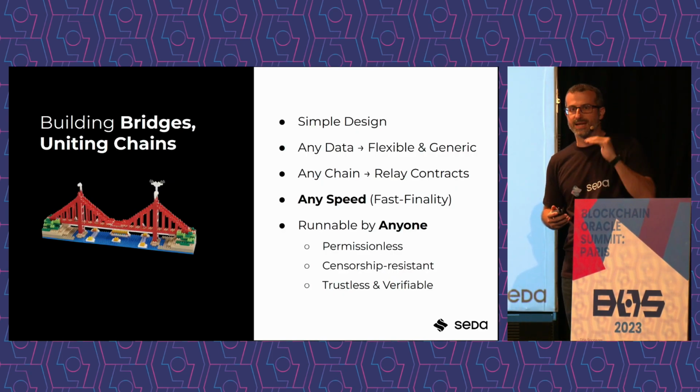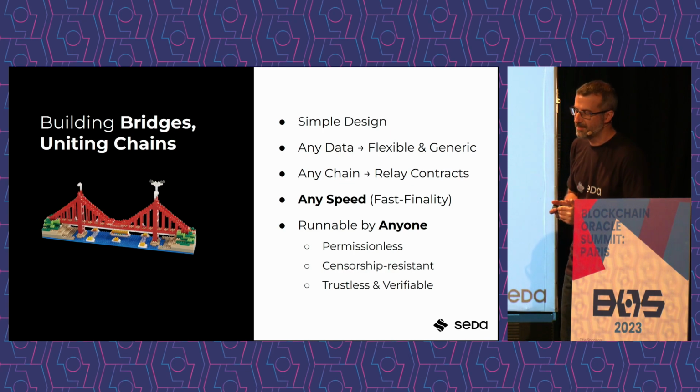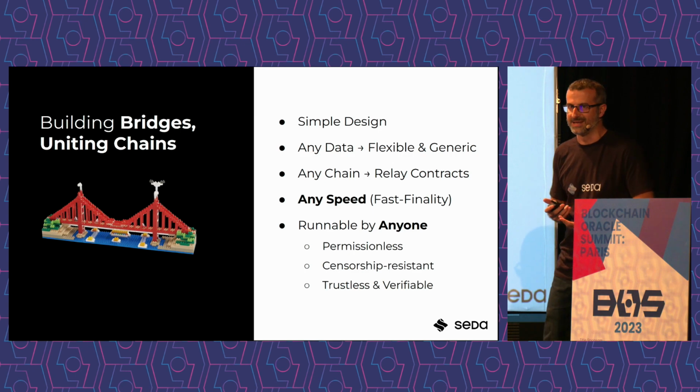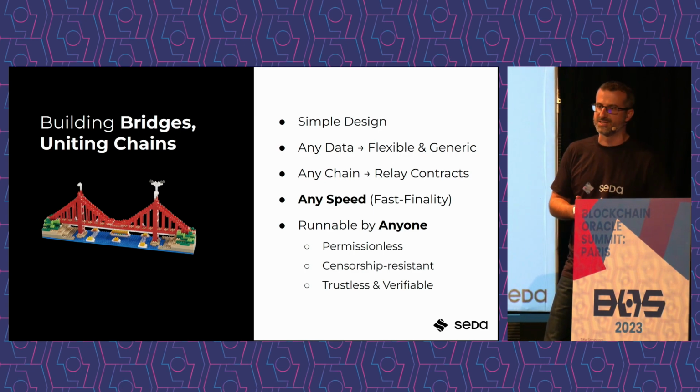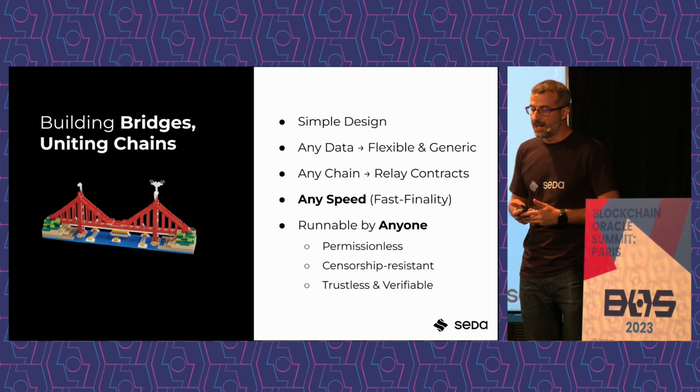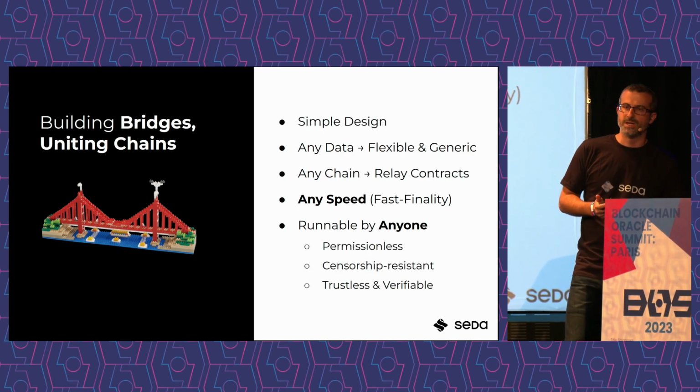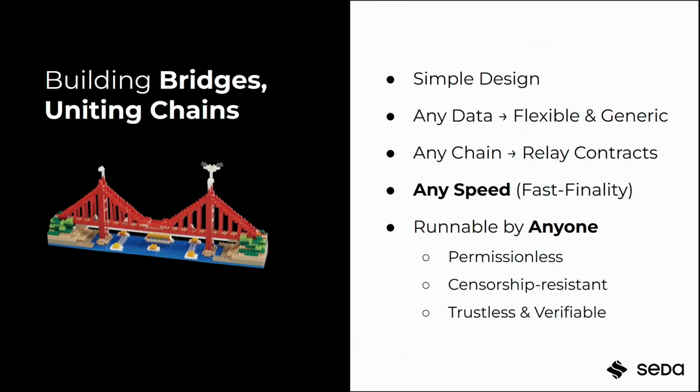Focusing more on the last building block, which is the bridging: obviously, we want a simple design, but also a cost-effective design, to be able to integrate with any chain in a matter of days. Here, the trick is that we need to satisfy the same goals we have in the SEDA protocol.